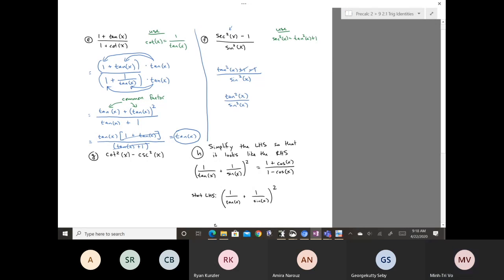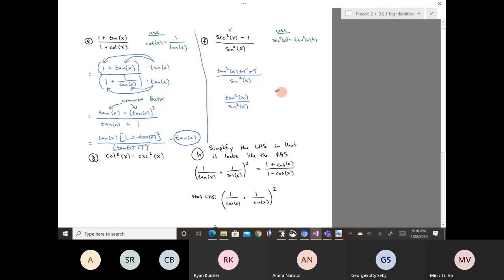And then now I still have two trig functions, right? Tangent and sine. So how can I relate tangent and sine? Well, tangent is sine over cosine, right? But it's tangent squared, so you can just square everything. So tangent squared is sine squared over cosine squared.